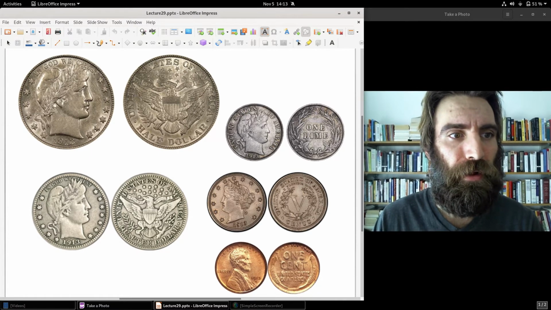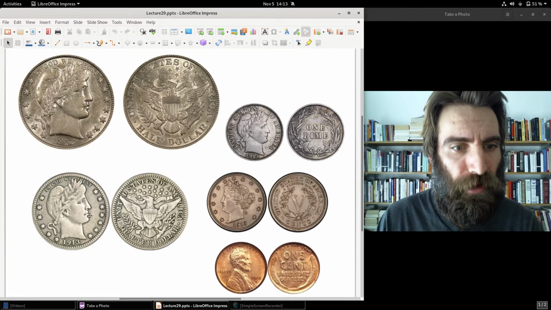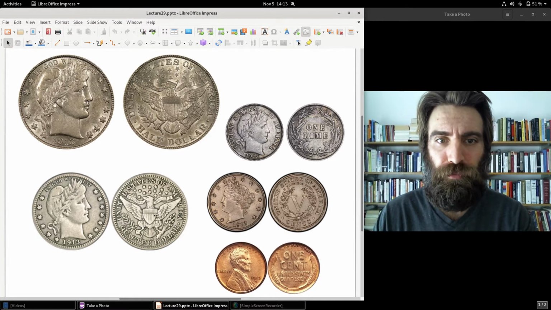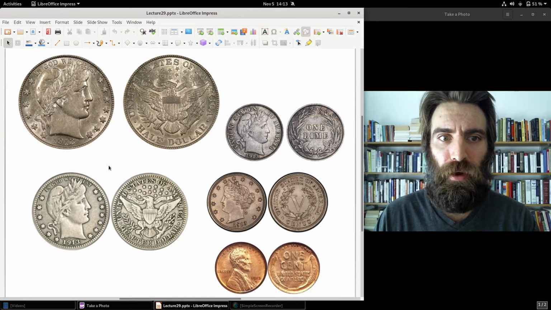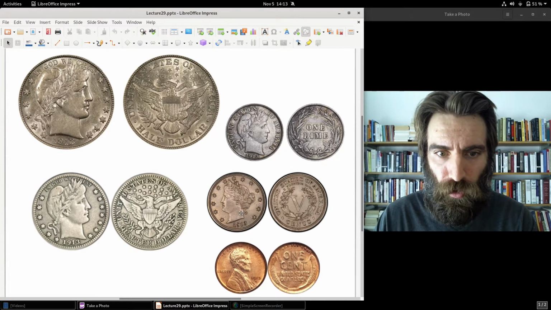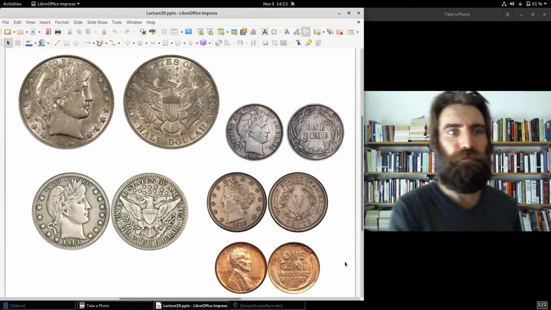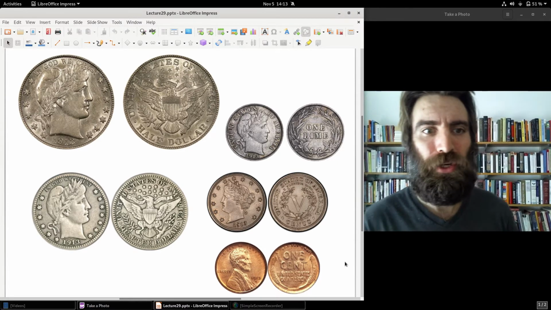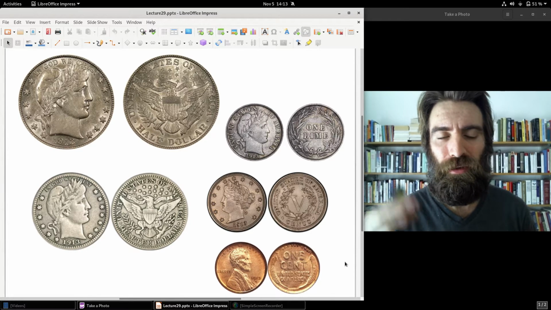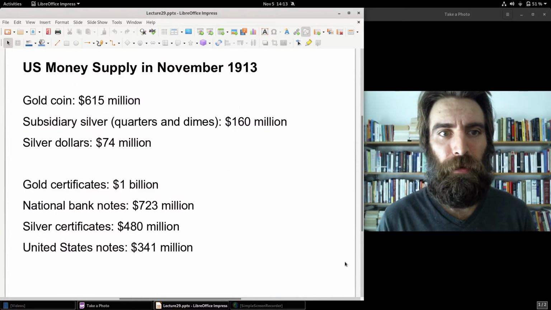Here's a half dollar. These are all 1913 coins. A quarter, a dime. All three of these coins had silver. Then a nickel, and the penny. Coinage is starting to approach something we are familiar with today.